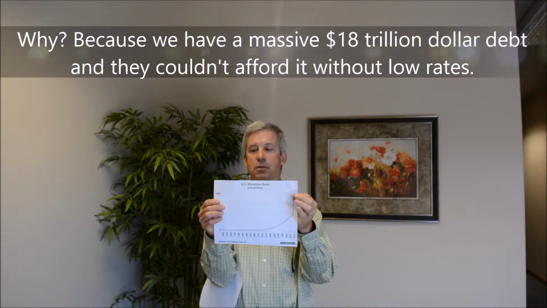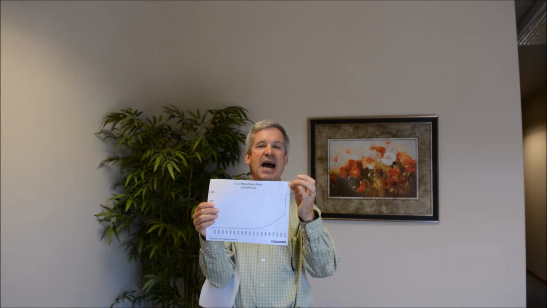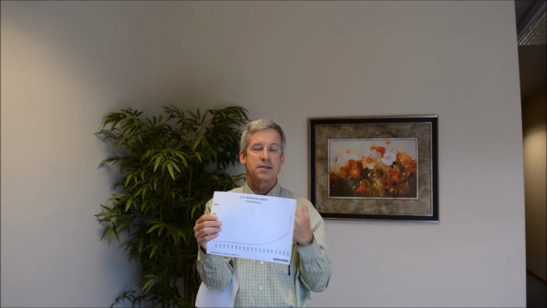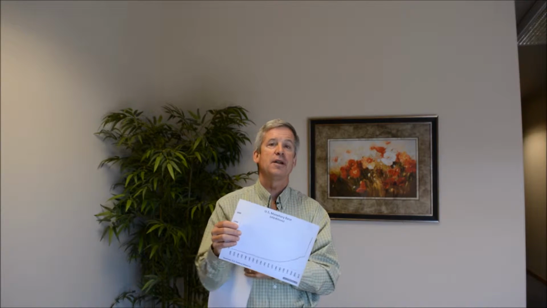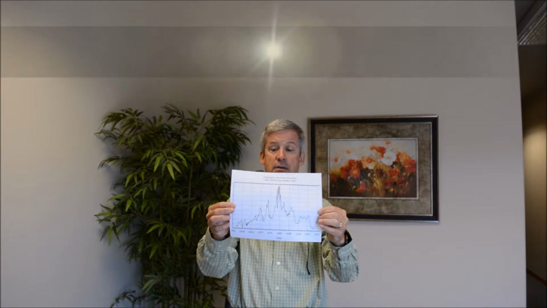We were up to 2,000 billion, so that's over, what, 20 trillion. Now we're up to 29. This extends it. So the problem is we're awash in money to support low interest rates, which brings me to the next chart that I have. This is a chart of interest rates.